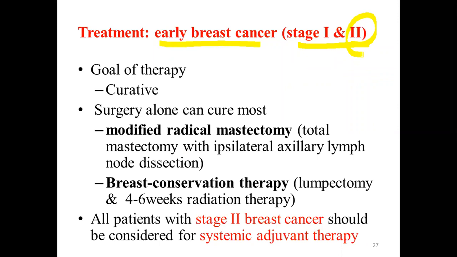According to different guidelines, in stage 1 and stage 2, surgery alone can be curative. But in stage 2 disease, because there is lymph node involvement, it is usually advisable to consider systemic adjuvant therapy. That is very important information to know.